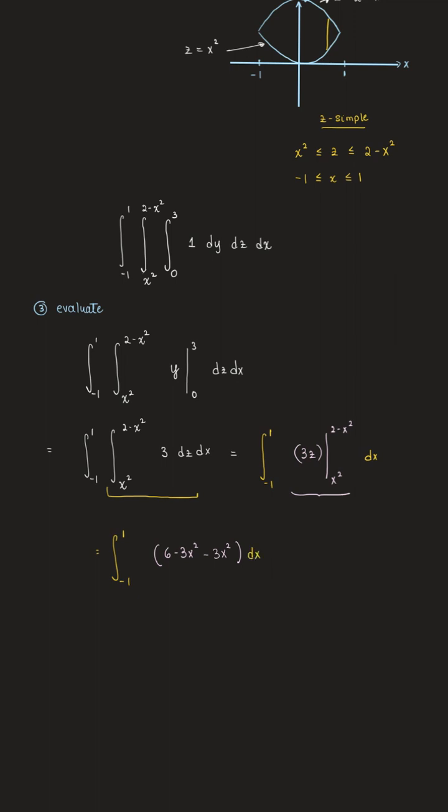So that's going to give us, let's see, our final integral is going to be the integral from -1 to 1 of 6 minus 6x squared dx, which is 6x minus 6x cubed over 3, or minus 2x cubed, from -1 to 1.